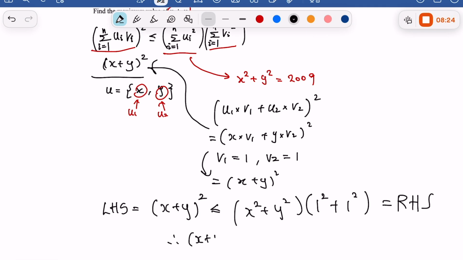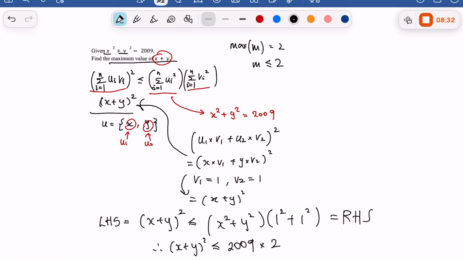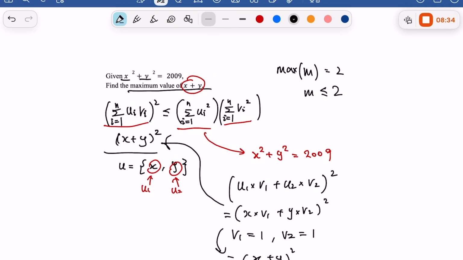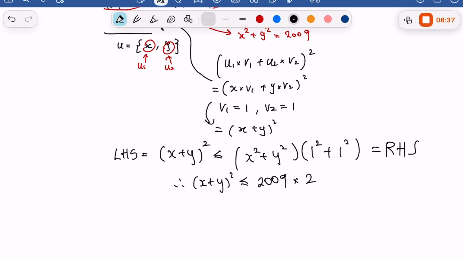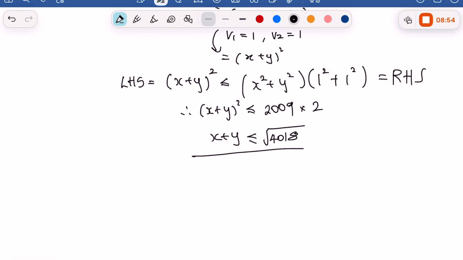Thus, x plus y squared is smaller than or equal to 2009 times 2, because given in the question, x squared plus y squared is 2009. And now we can square root both sides. Since they're all positive, it wouldn't affect the sign. We don't need to flip the signs. So now we just get x plus y is smaller than or equal to square root 4018.